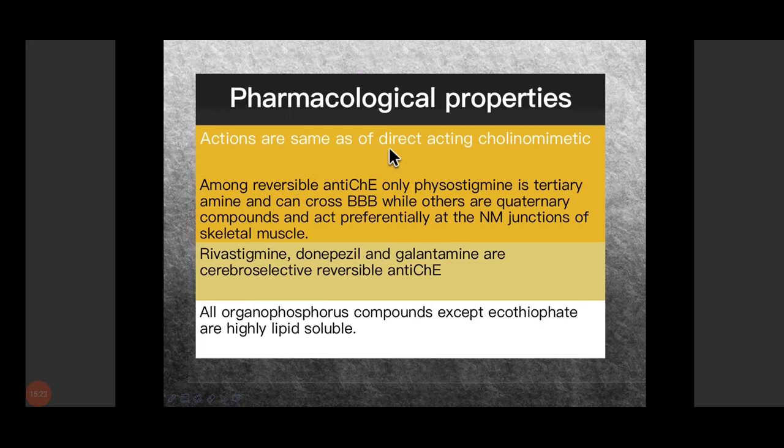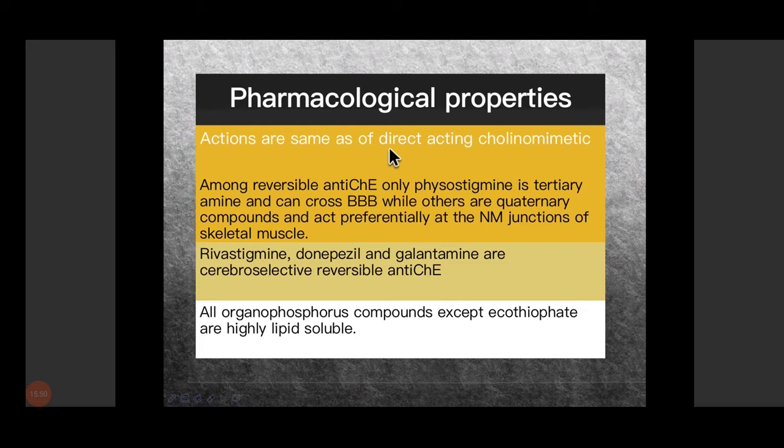Now, among reversible anticholinesterases, only physostigmine is a tertiary amine and can cross the blood-brain barrier, while all the others, neostigmine, pyridostigmine, ambenonium, we've understood these names, are carbamate reversible cholinesterase inhibitors.